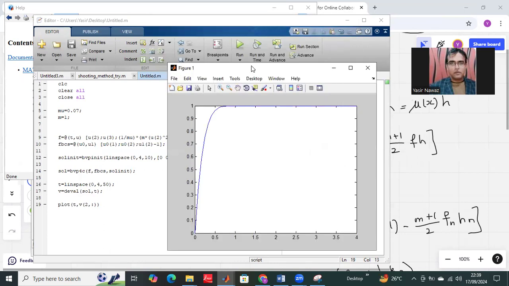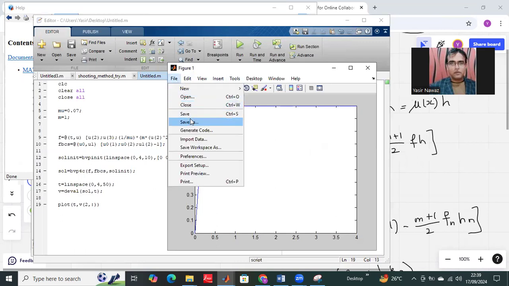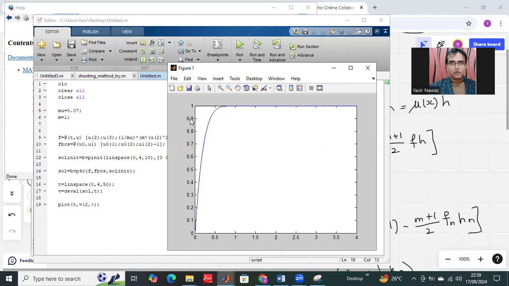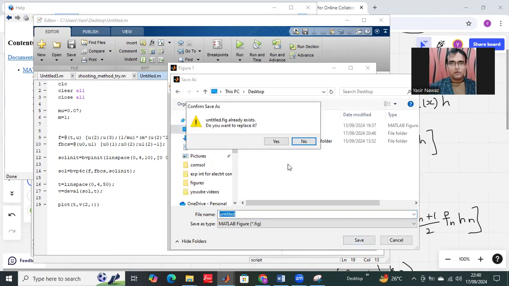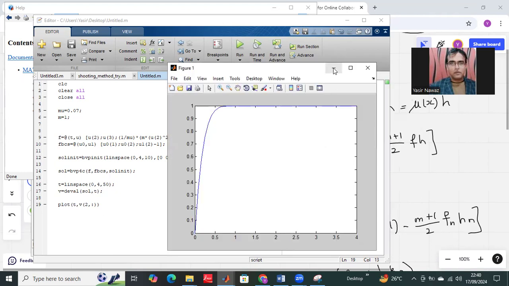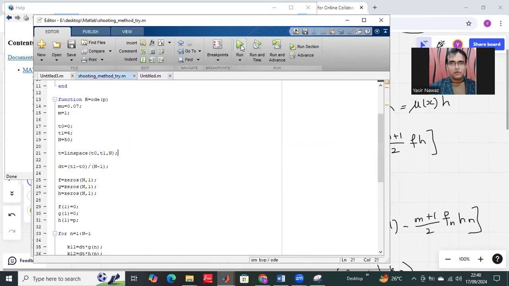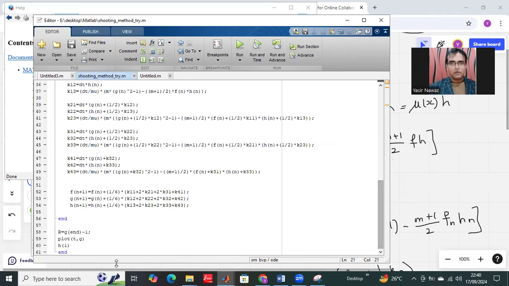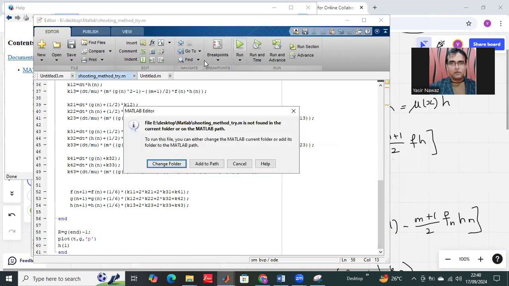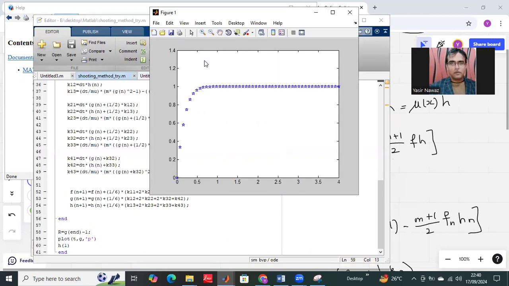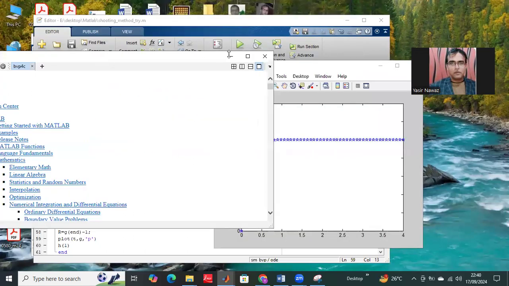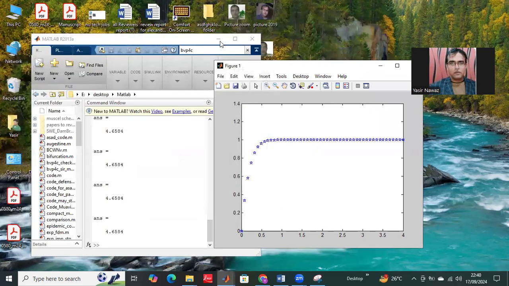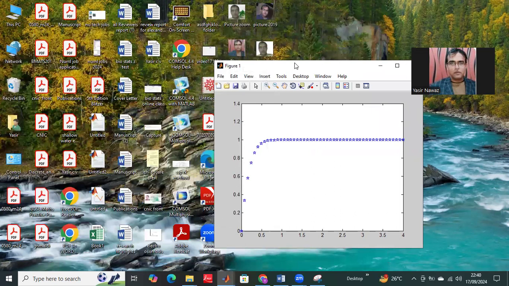So this is the solution obtained by bvp4c. What if I run that? I save the file.